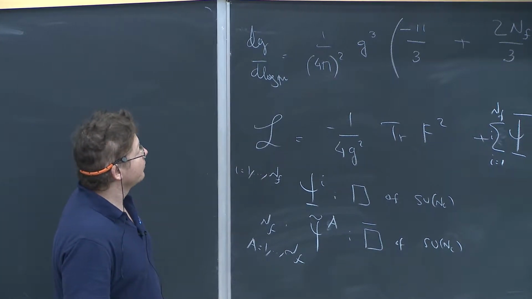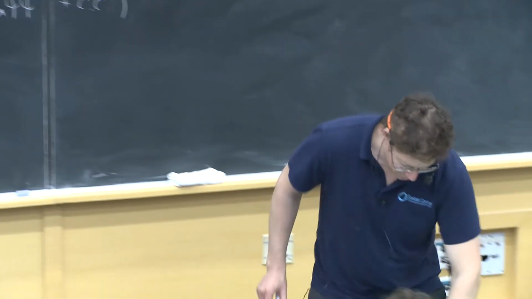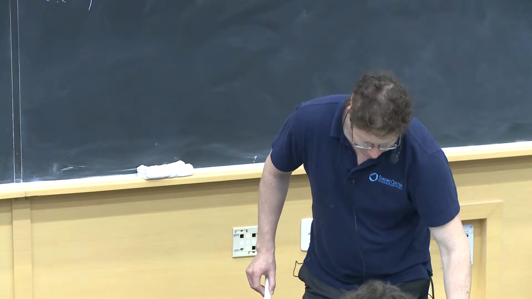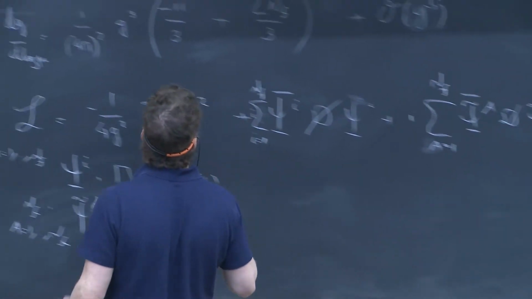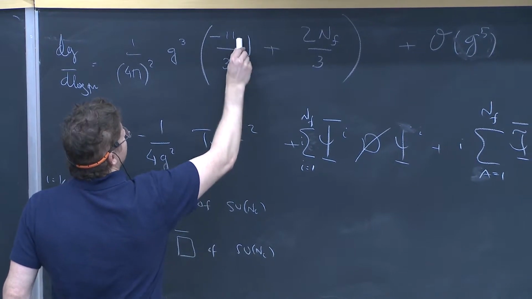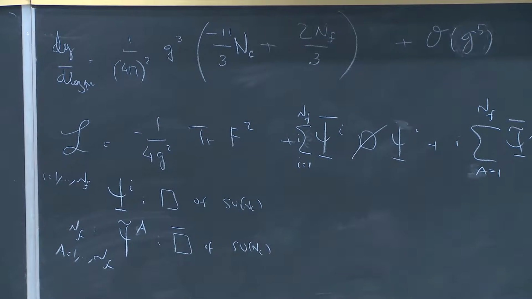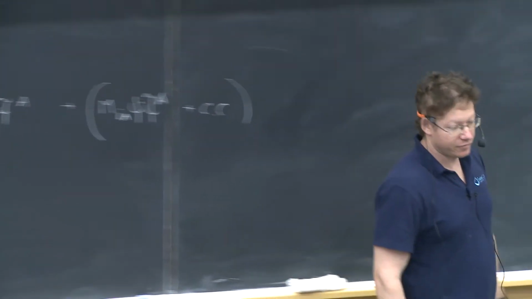Let me write it a little bit more generally for a second. I forgot to write NC here, it's a typo. So this is the beta function for SU(NC) with NF flavors.